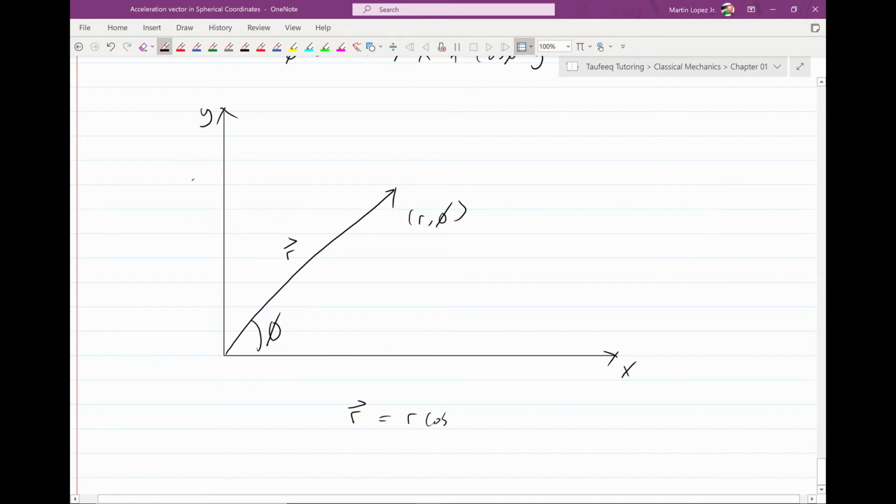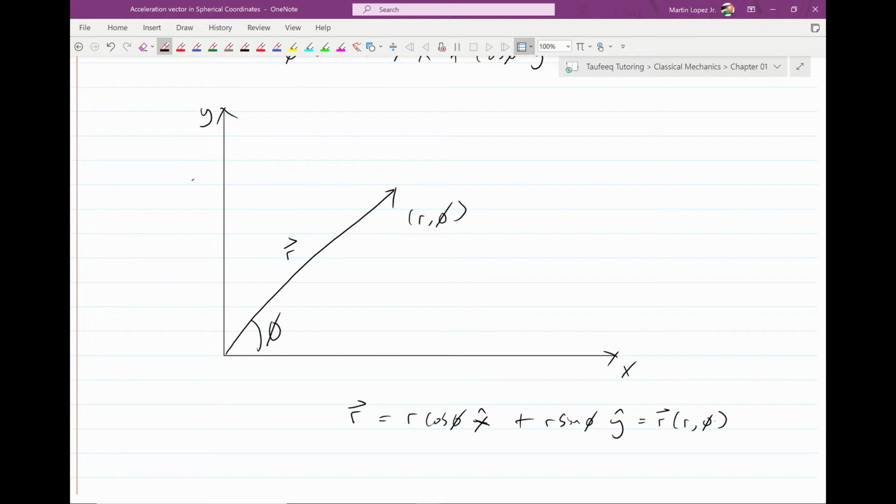It's a function of, so this is r cosine phi x hat plus r sine phi y hat. This is a function explicitly and only of r and phi. X hat and y hat are constants, as we've stated before. So you can change r and phi and that'll give you a different position.